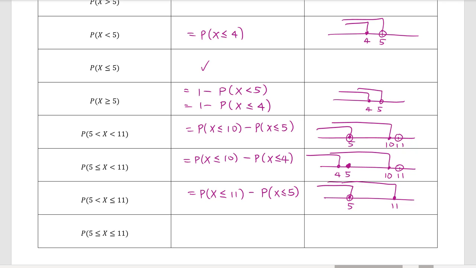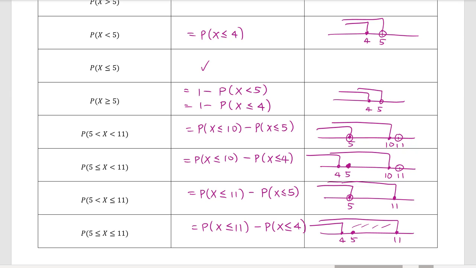Okay, very good. Last one, we want to include the 5 and we want to include the 11. So less than or equal to 11, but you don't want to subtract the 5, so you want to subtract less than or equal to 4. Okay, so this is what's left. So we have P of x less than or equal to 11 minus P of x less than or equal to 4.